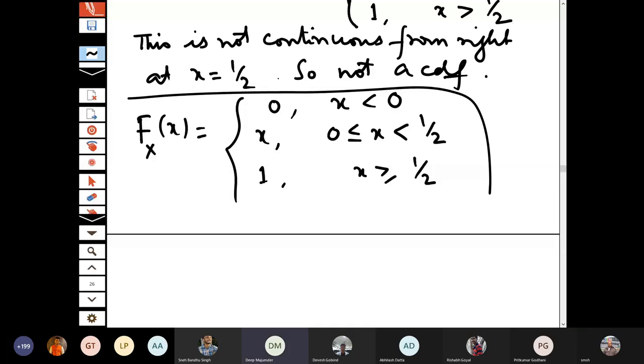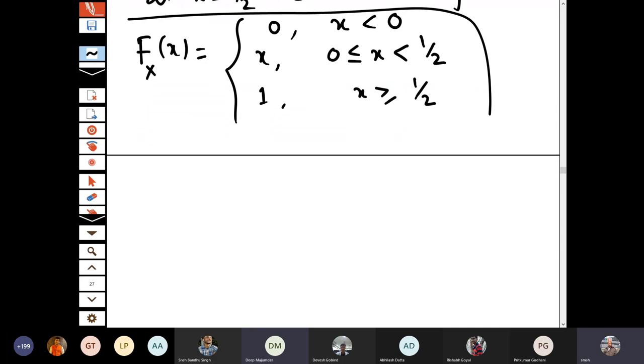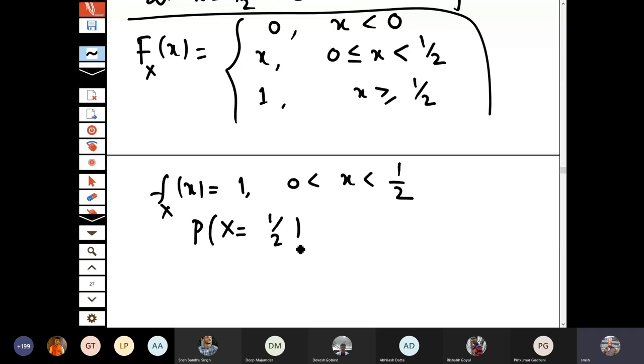Sir, will there be a delta function in the distribution function at x equal to half? What is the meaning of delta function? The thing that we have in physics, that the integral of delta function from minus infinity to plus infinity is 1. So what is the interpretation then? The interpretation is that you have density 1 between 0 to half and the probability at x equal to half is half. So there is a delta function, what you are saying.